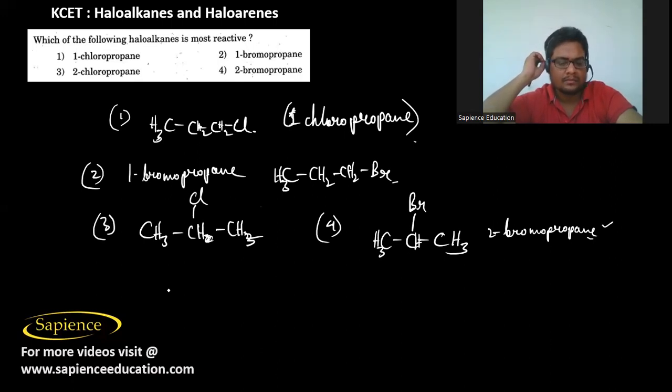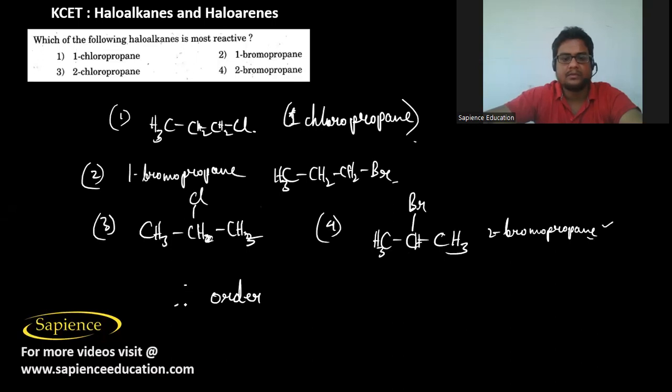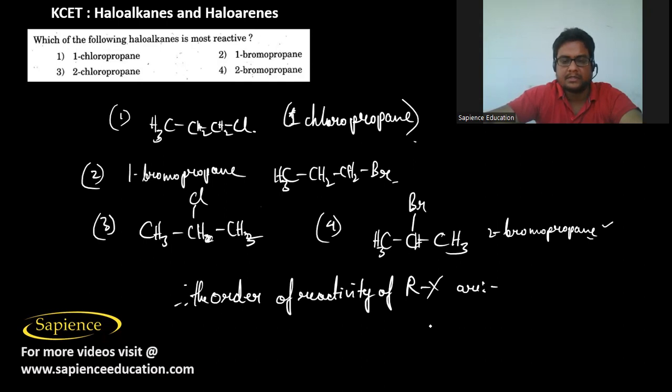So here we have to use the order of reactivity. The order of reactivity of alkyl halides is given as RI greater than RBr greater than RCl. So alkyl iodide is more reactive than alkyl bromide, which is more reactive than alkyl chloride.